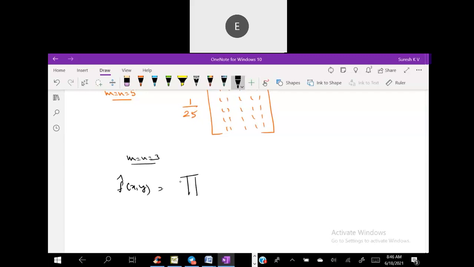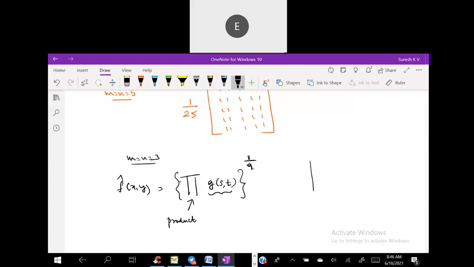It is a product over that region of G of s comma t, and you have to raise it to the power of 1 by mn, and mn here is 9. Okay. So the respective value of the pixel in that particular region has to be raised to the power of 1 by 9. That is what you are doing. This is a product symbol.